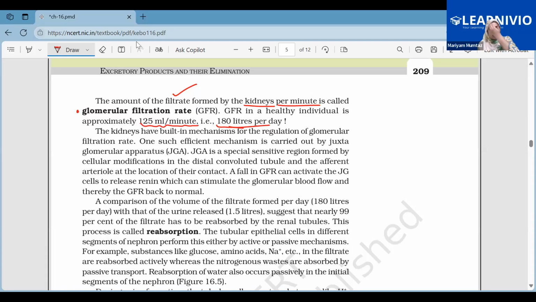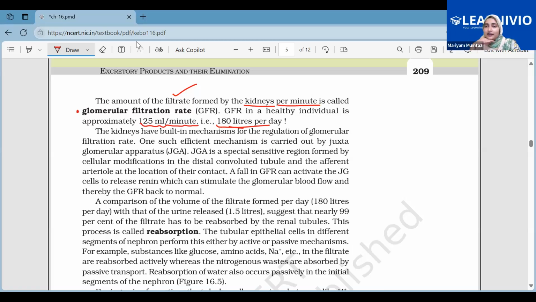Clear? But now my question is, if 180 liters of blood gets filtered every day, do we produce 180 liters of urine every day? Had we been doing that, we would never come out of the washroom. The amount of urine produced every day is almost 1 to 2 liters, depending upon the water intake.